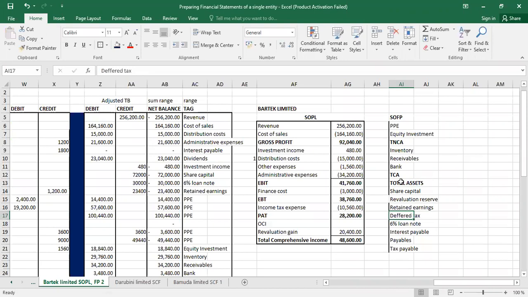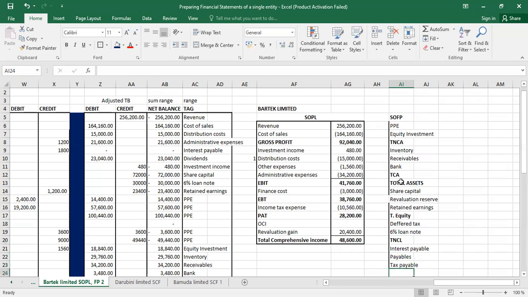So here I'll do spacing, isn't it? Total equity. So I'll write total equity just that way. I'll also add spacing here. So that is total non-current liabilities.